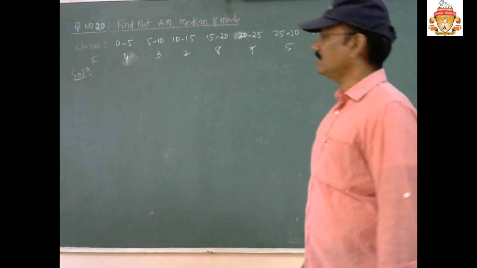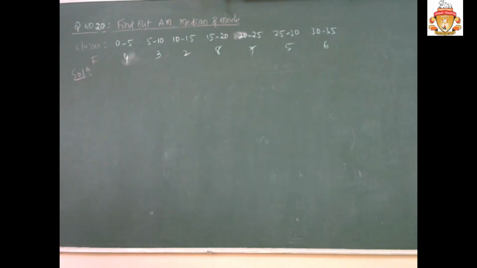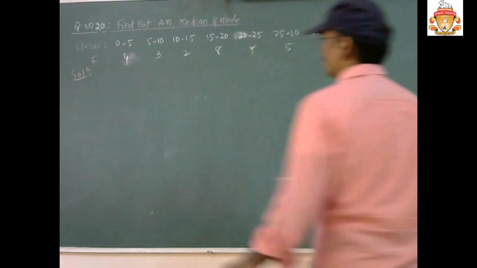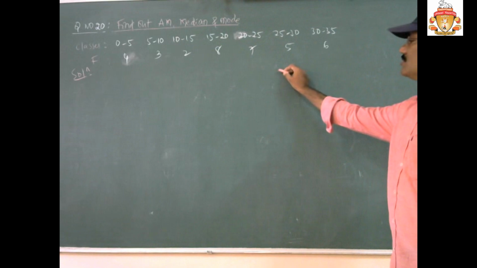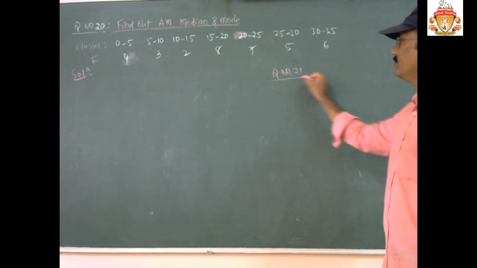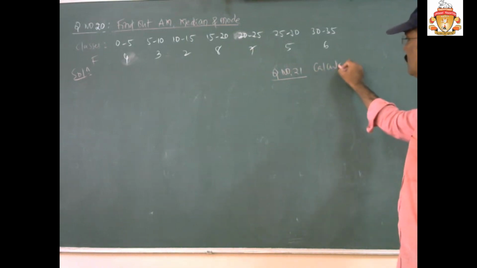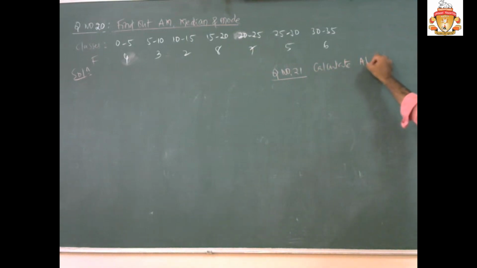Now I will go to the next question. Question number 21. Listen carefully to the kind of question. The question is again the same: calculate arithmetic mean, median and mode.